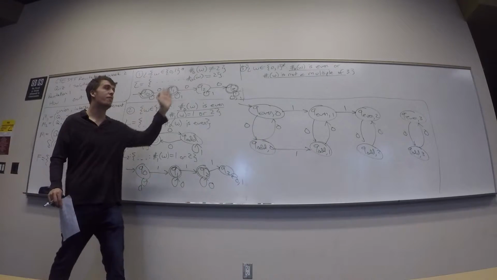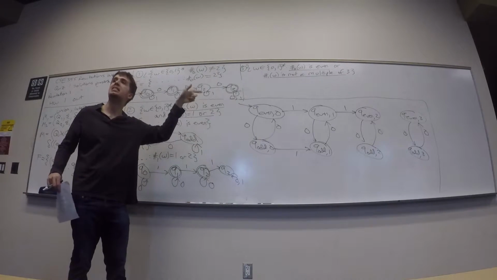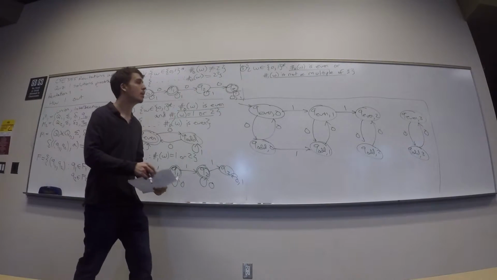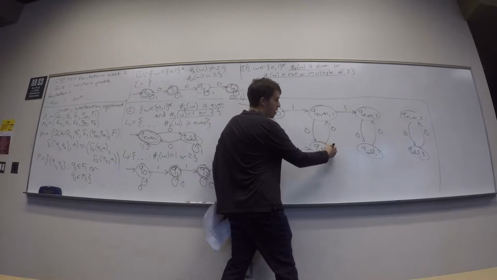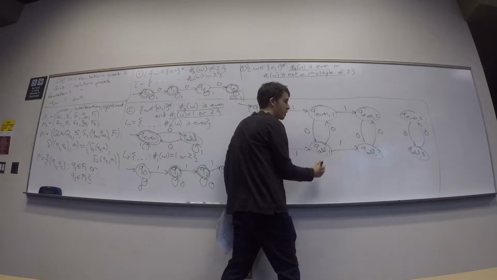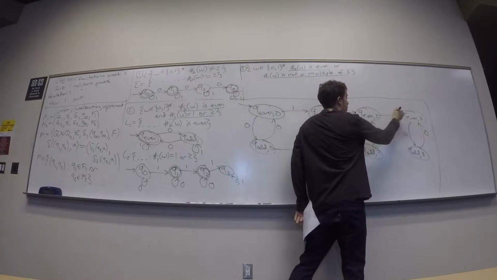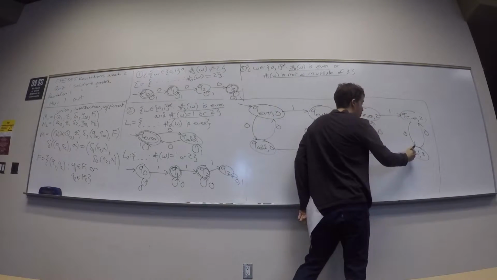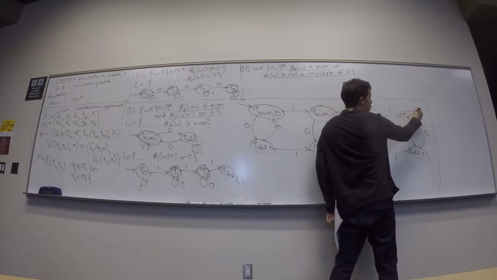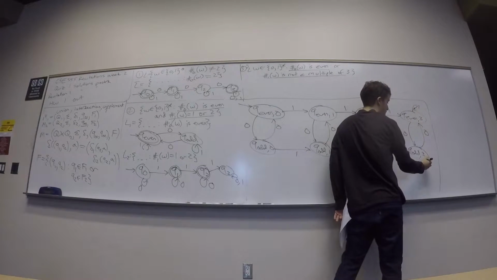So no matter what, if I'm in the 3 column, I'm going to stay in the same state on input 1. So Q odd 1 goes to Q odd 2, Q even 2 goes to even 3, odd 2 to odd 3, and even 3 to itself on input 1.